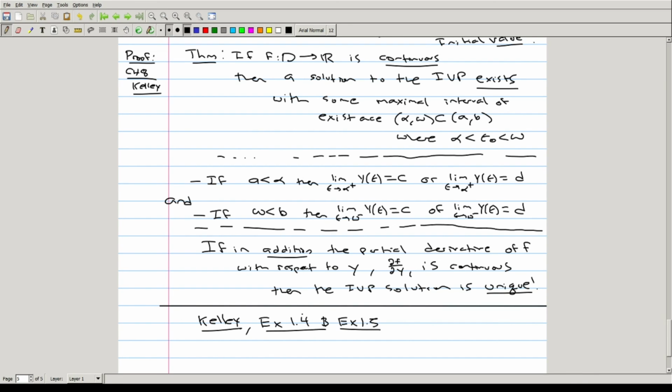Example 1.4 shows an example where the partial derivative of f with respect to the dependent variable is not continuous, and therefore in example 1.4, the solution is not necessarily unique from this theorem. Example 1.5 gives a slightly more complicated equation, but that does have a continuous partial derivative df dy. So in example 1.5, this theorem tells us that a solution exists and it's unique.